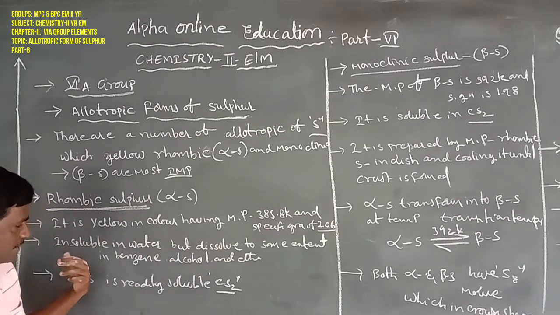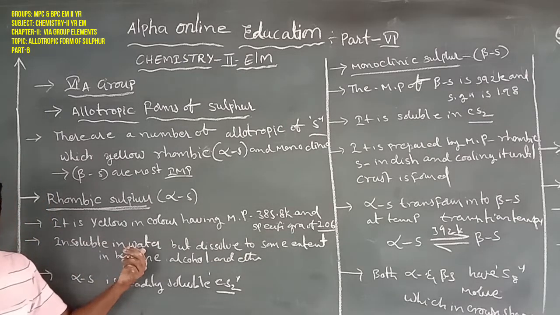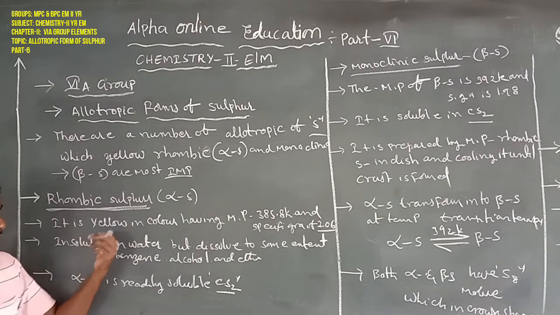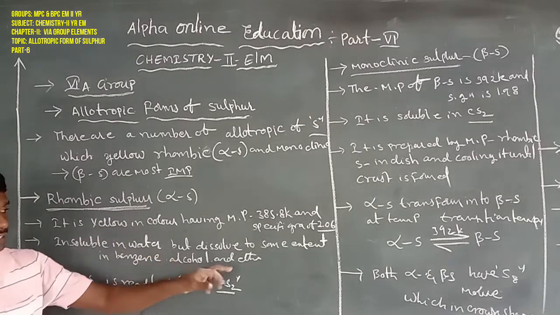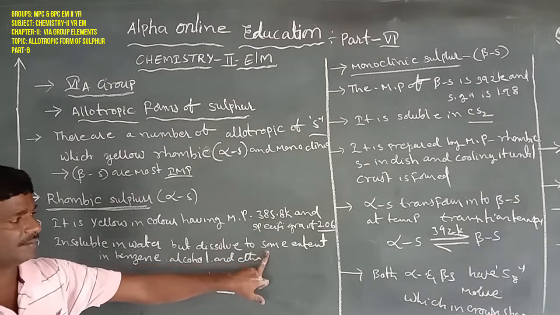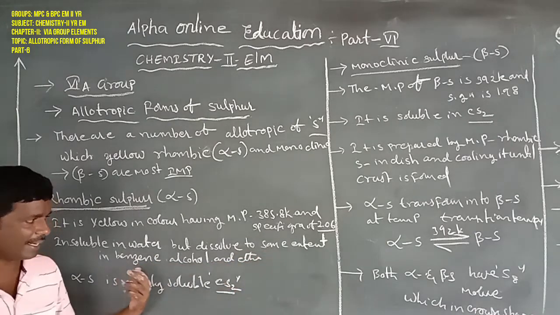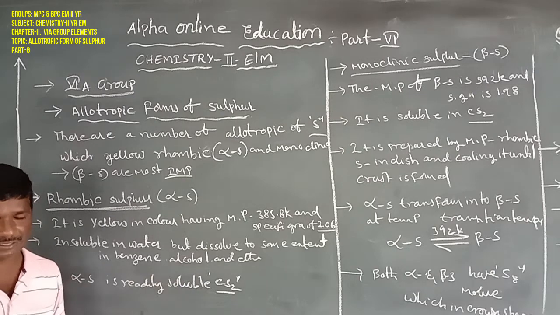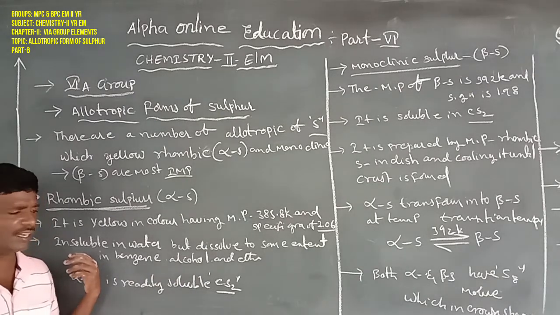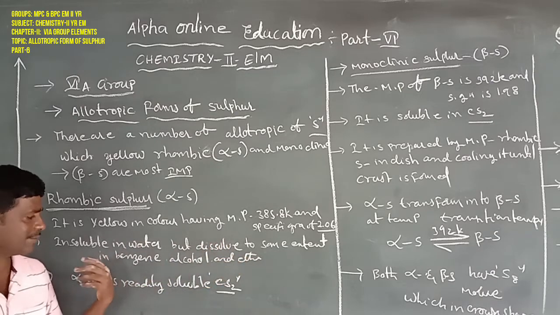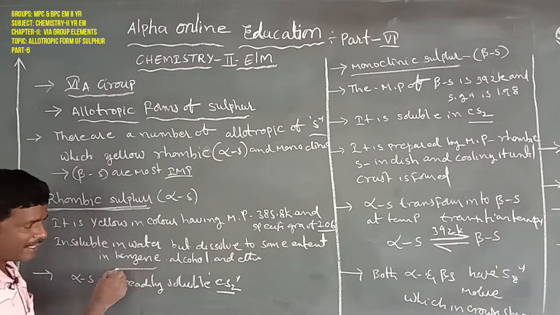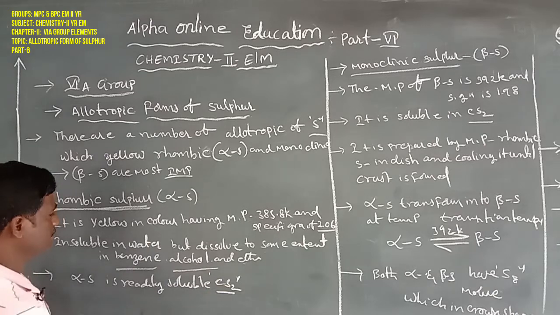Alpha rhombic sulfur is insoluble in water but dissolves in organic compounds like benzene, alcohol and ethers.